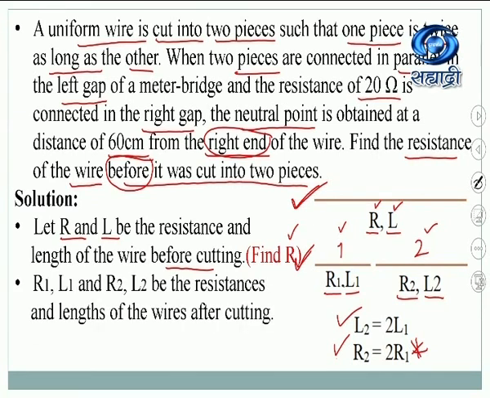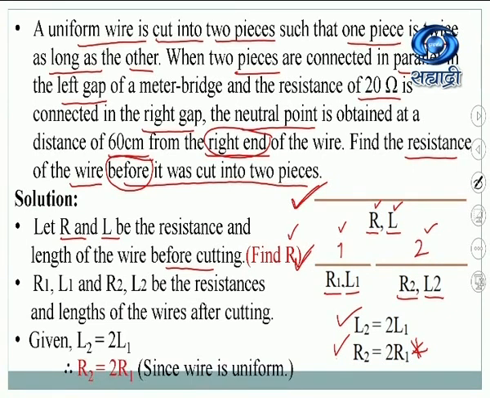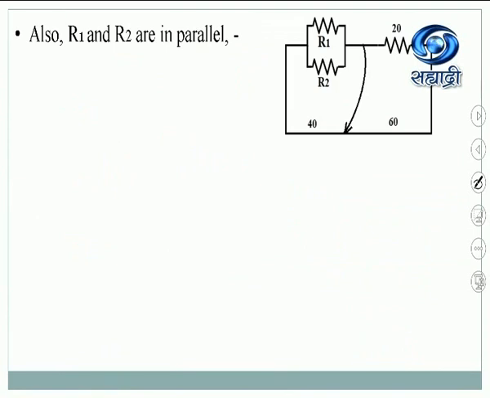Again, let R1, L1 and R2, L2 be the resistances and lengths of the wires after cutting. Given L2 equal to 2L1, we have R2 equal to 2R1 since the wire is uniform. Also, R1 and R2 are in parallel and they are connected in the left gap, and the 20 ohm resistance in the right gap.